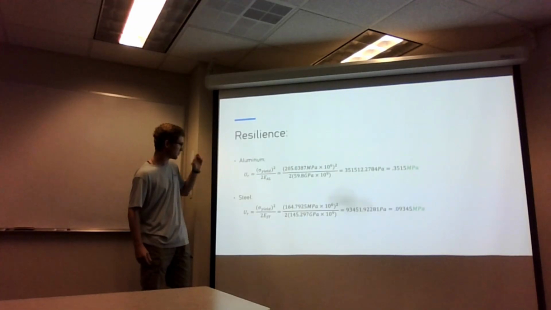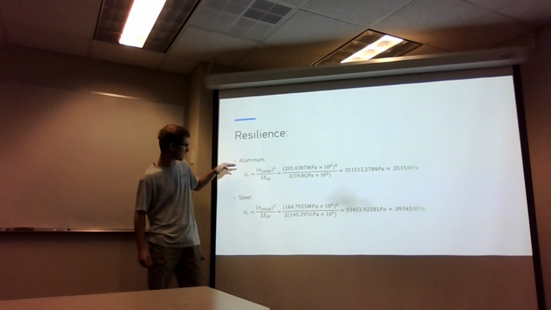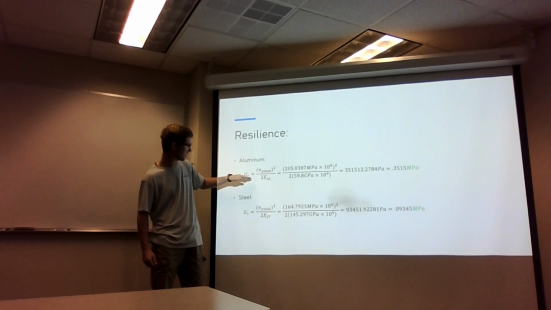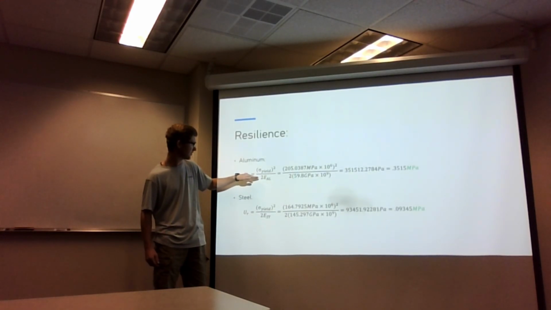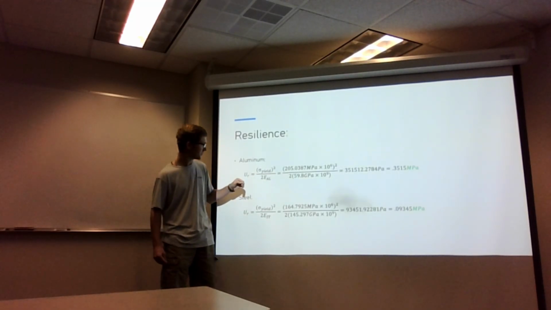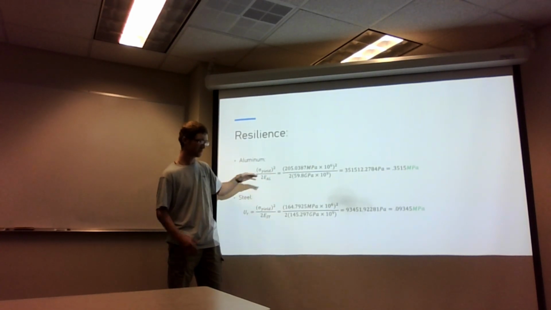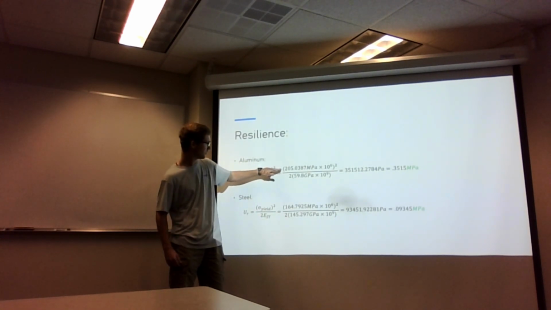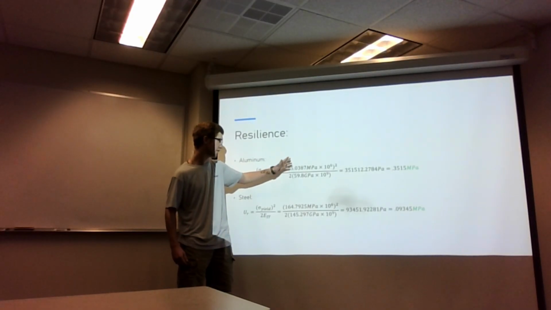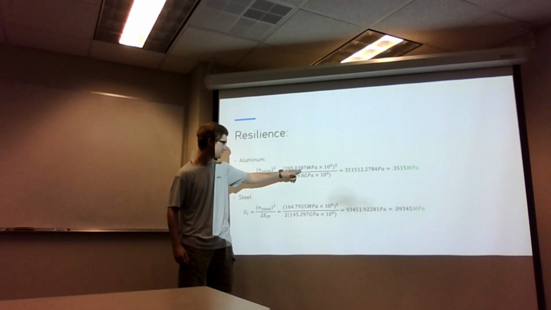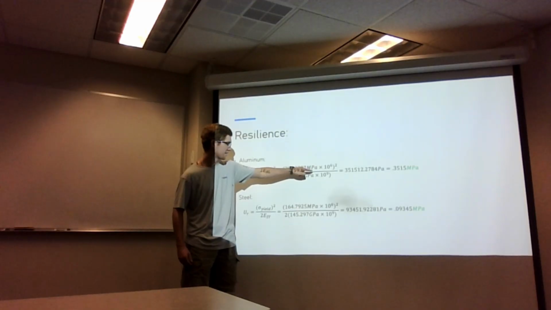Then for the resilience of each piece, we took the yield stress, squared the yield stress, and then divided by 2 times the elastic modulus. So the yield stress at the yielding point was 205 point something megapascals.